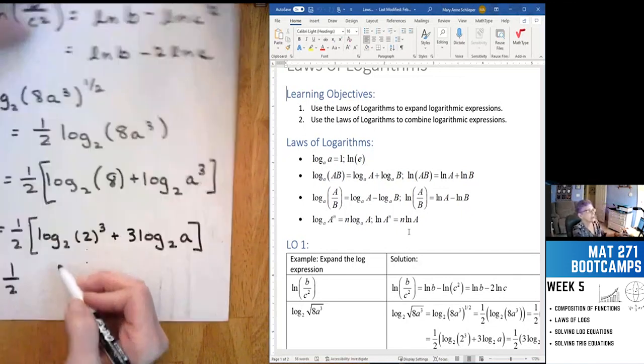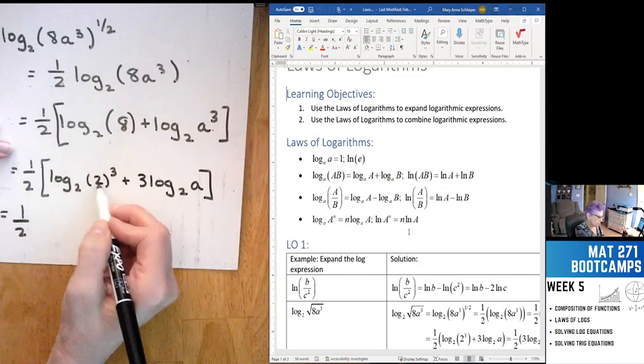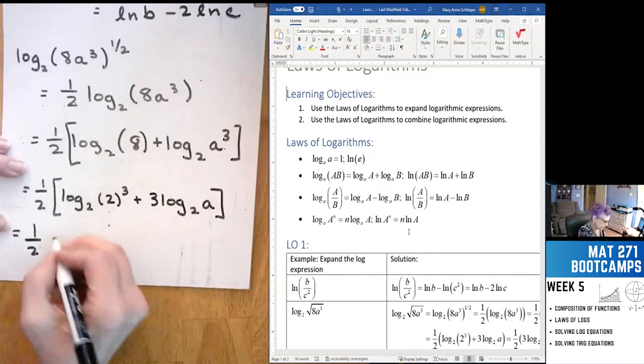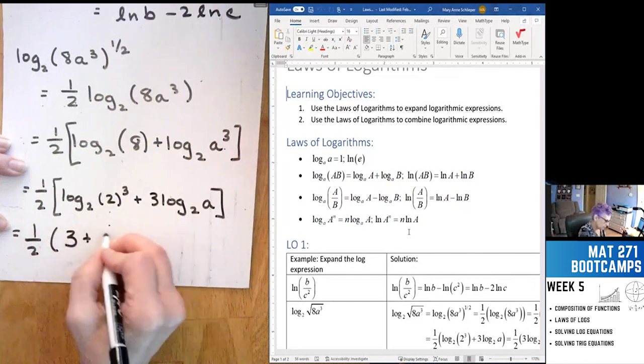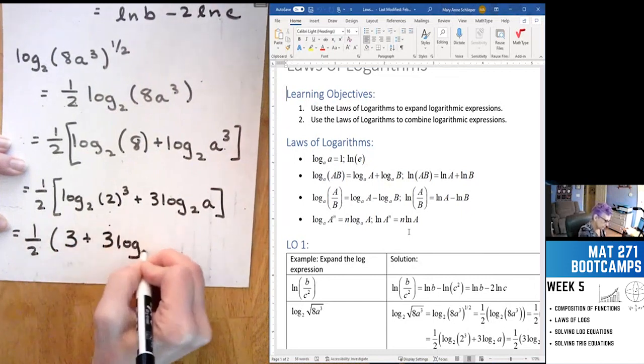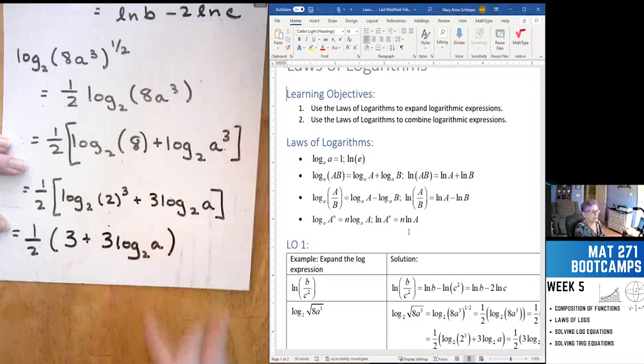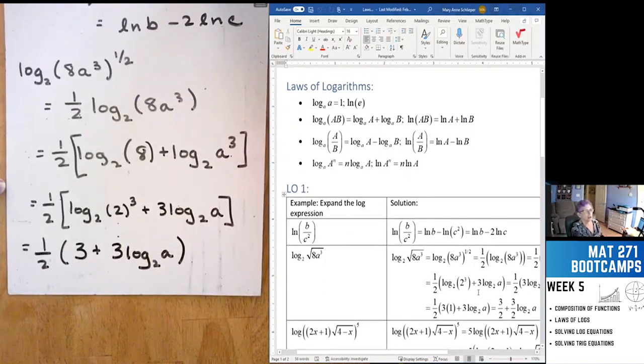And log base 2 of 2 to the 3rd power is equal to 3. So that would be 1/2 of 3 plus 3 log base 2 of a. And you could go ahead and distribute that 1/2 through there if you wanted to.